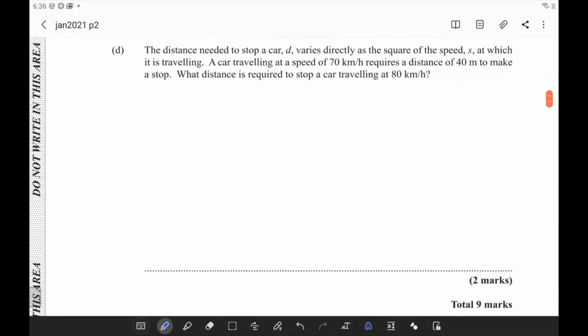The distance needed to stop a car, d, varies directly as the square of the speed, that is s squared, at which it is traveling. And they give us some values. So remember, to get rid of the proportionality sign, we simply write d is equal to k, our constant of proportionality, times s squared.